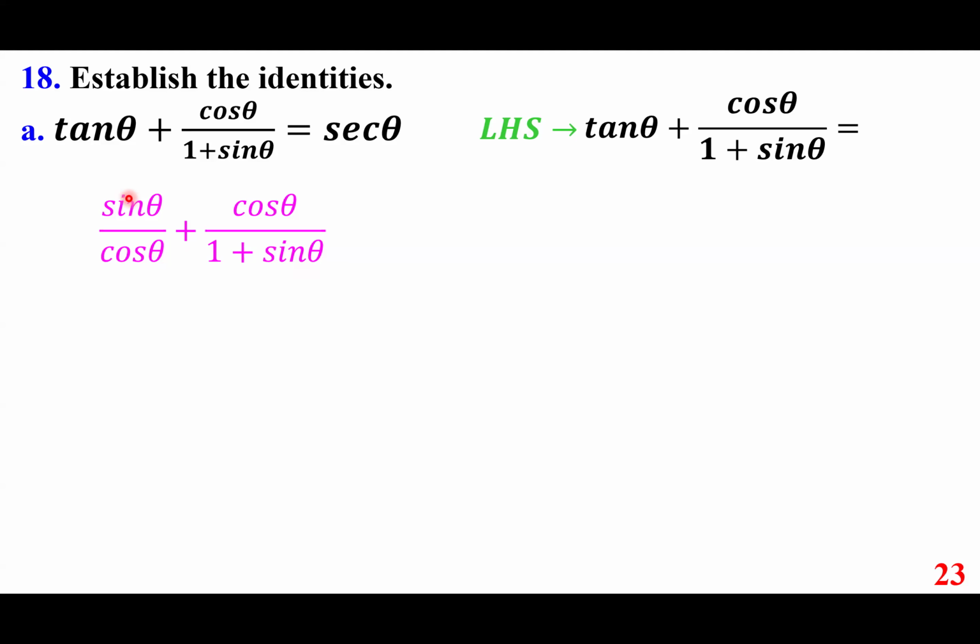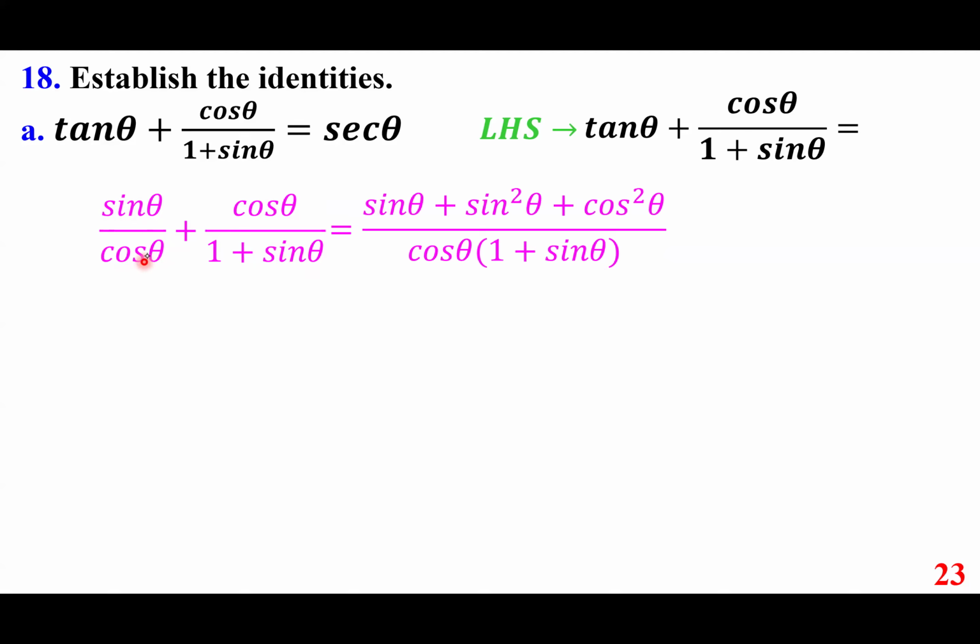Then this is sine times 1 plus sine theta. This is cosine times cosine theta. When you multiply these two, you get sine theta plus sine squared. When you multiply these two, you get cosine squared. In other words, with the LCD, the least common denominator, we should have no problem adding fractions.